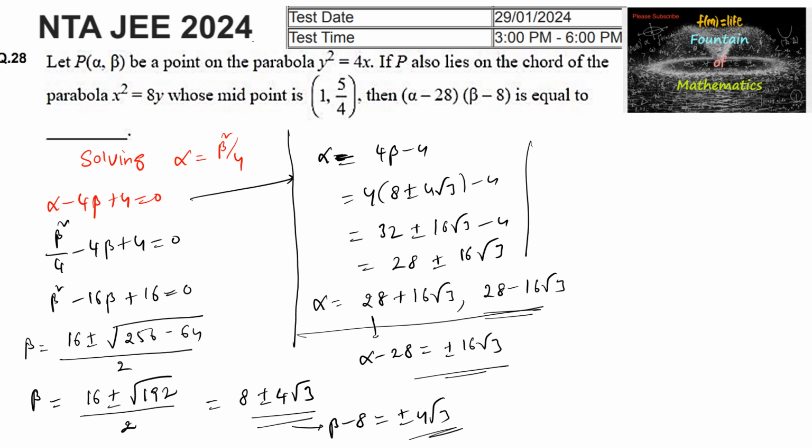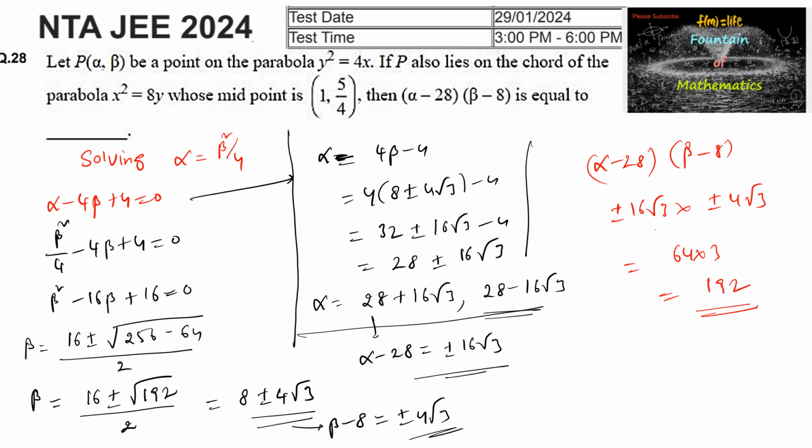Since we require (alpha minus 28) into (beta minus 8), which is equal to plus or minus 16 root 3 into plus or minus 4 root 3, we can write 16 fours are 64 into 3, which is equal to 192. So (alpha minus 28) into (beta minus 8) is 192. 192 is the answer we can give.